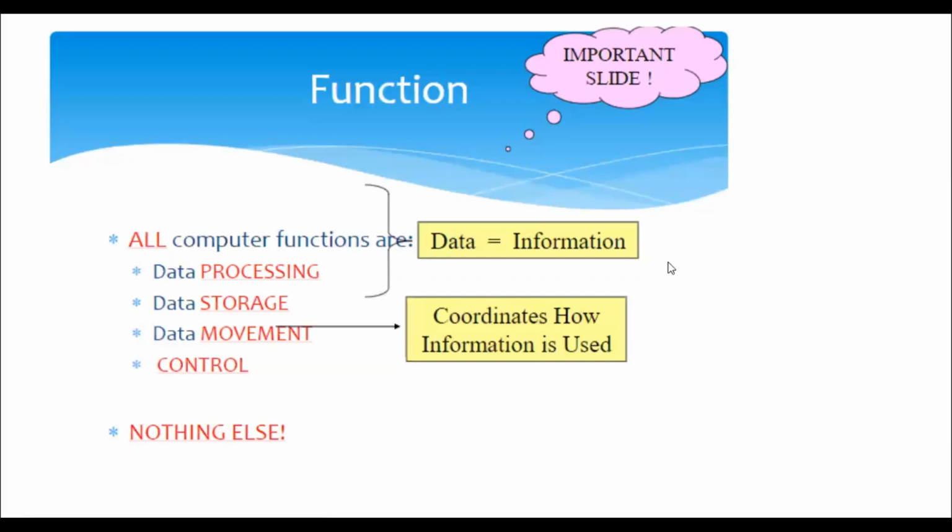Next, another function of a computer is data movement. Data movement is the ability to move data from one place to another.